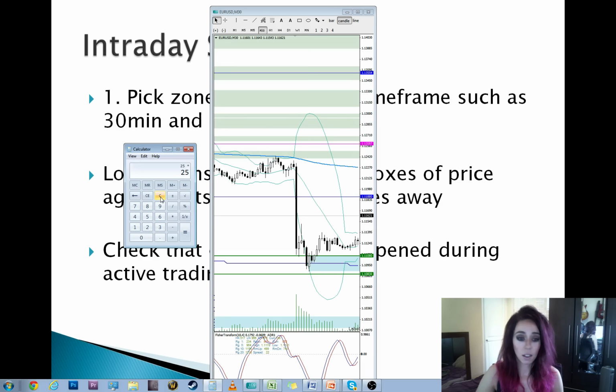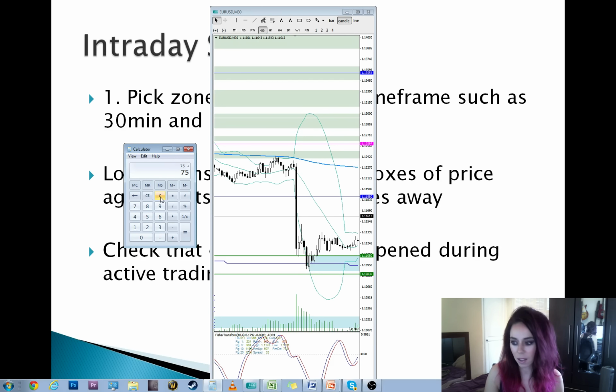Okay, in order to get your risk reward, let's say you want 3 times risk reward, you need to multiply the number of your stop pips by 3. If you want 4, you will be multiplying it by 4. If you want 5, you will be multiplying this number by 5. So now we get a number of 75. That's the amount of move that we need to see from the entry price to get 3 times risk reward.